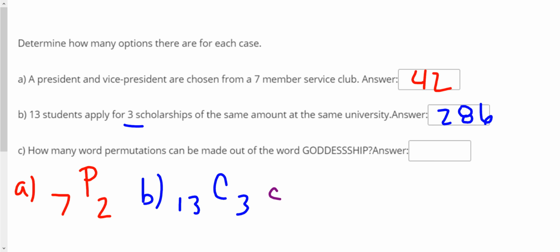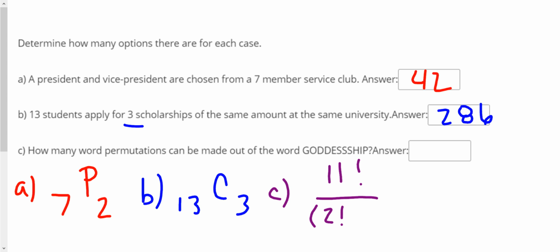Part C, how many word permutations can be made out of the word goddess ship? First we want to count up how many letters there are, and you'll see that there are 11. So I'm going to go 11 factorial divided by, now I need to divide out any ones that are repeated and however many times they're repeating. You'll notice that the D's repeat, and there's 2 of those, so I'll write a 2 factorial.